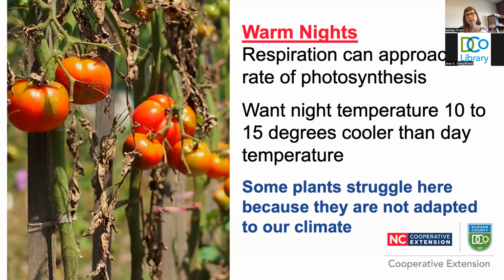If you were to look at a USDA hardiness zone map, it's actually really interesting because we're really similar to some parts of Oregon that are like the most fertile, lush, green places you've ever seen in your life. We're not that, right? We might be the same hardiness zone, but we're not that. And the difference is that in those parts of Oregon, like coastal Oregon, they have cool nights. We have hot, humid nights, and it makes all the difference in the world. And it's because respiration is outpacing photosynthesis.